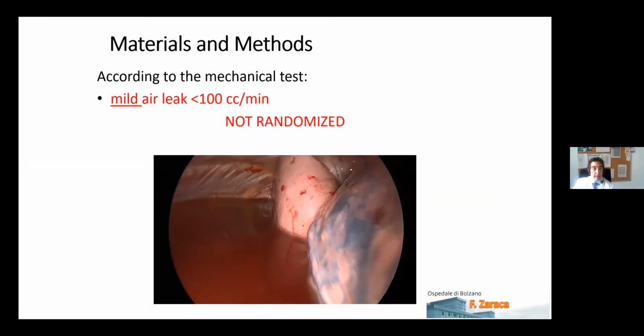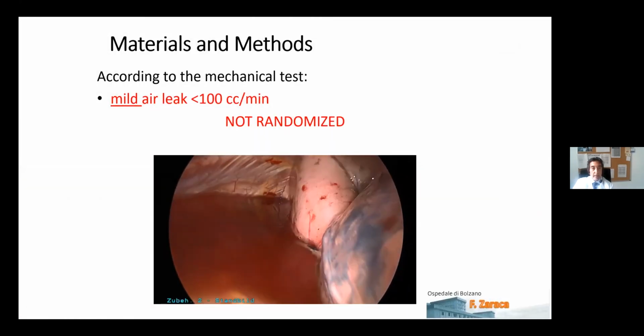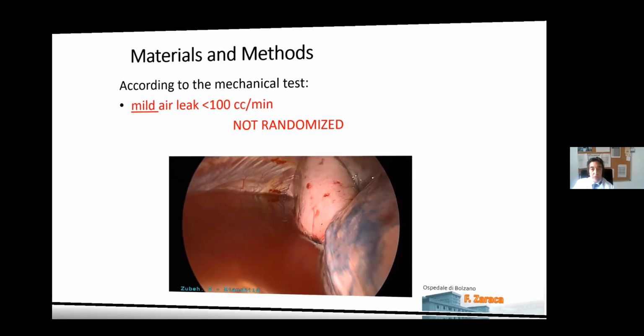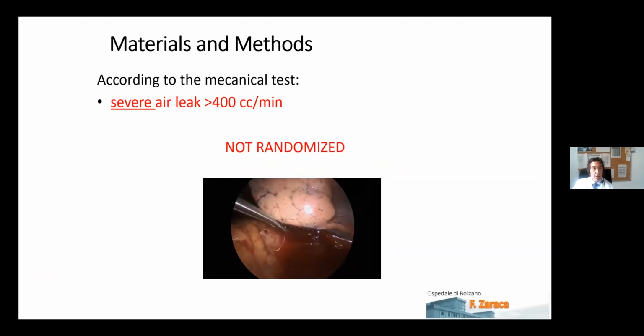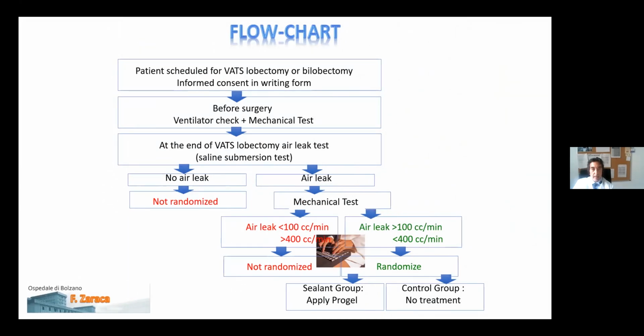Patients with mild air leak, less than 100 milliliters per minute, were not randomized because it is self-limiting. And the patients with severe air leak, more than 400 milliliters, were treated and not randomized.